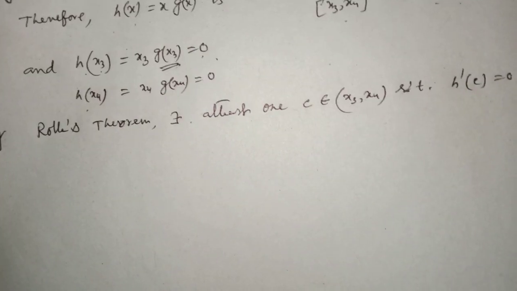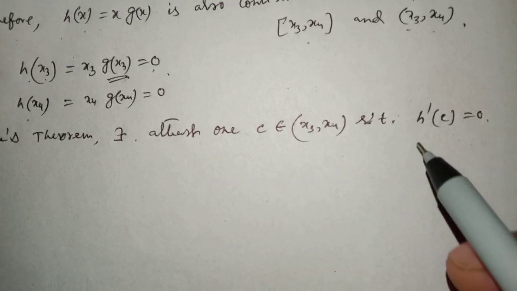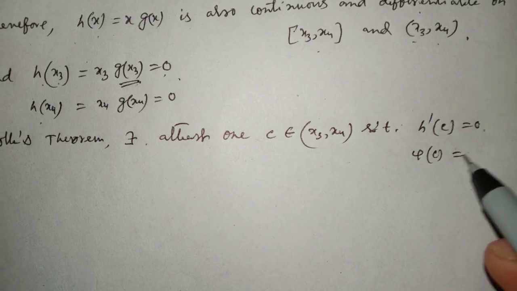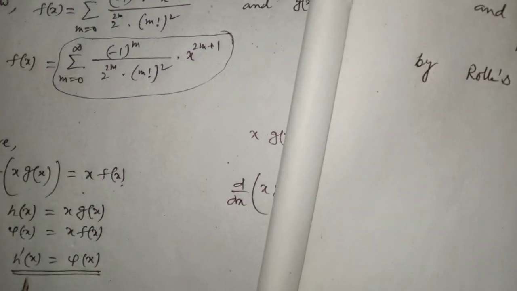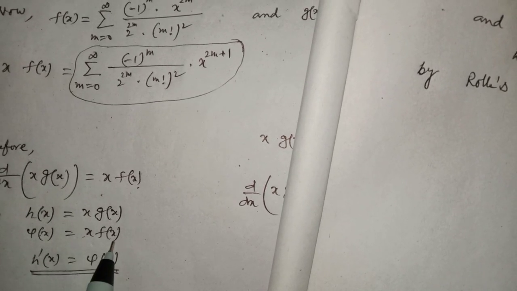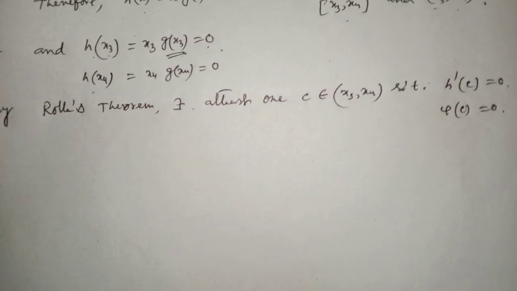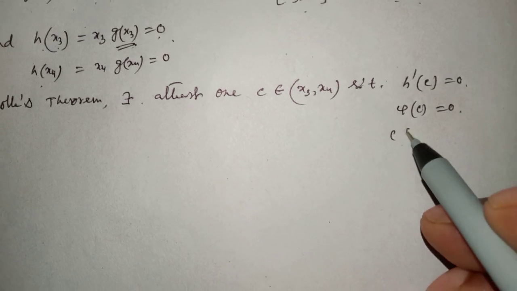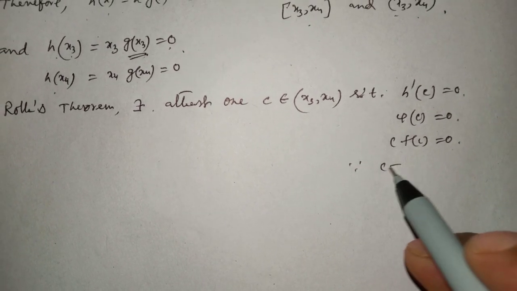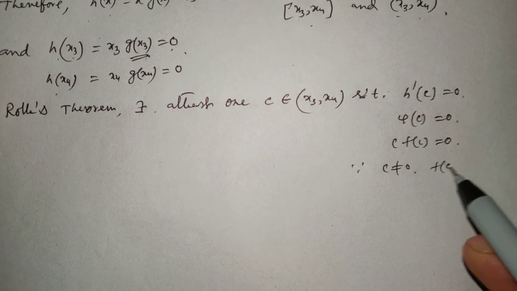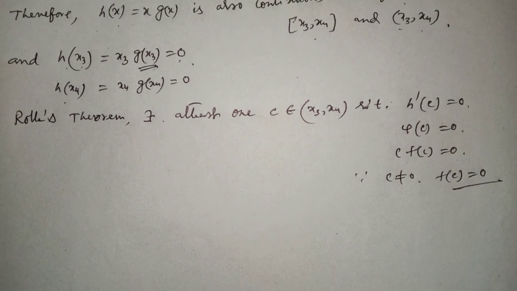Therefore h dash C equal to 0 means phi of C equal to 0. Again phi of x is equal to x f of x. Therefore C f of C is equal to 0. Since C is not equal to 0, f of C is equal to 0.